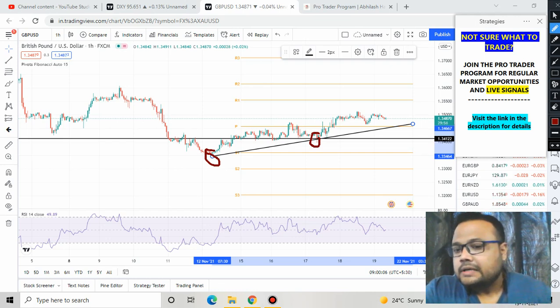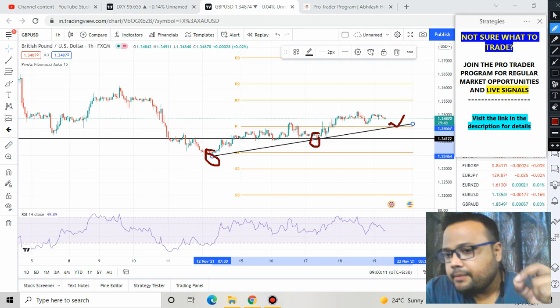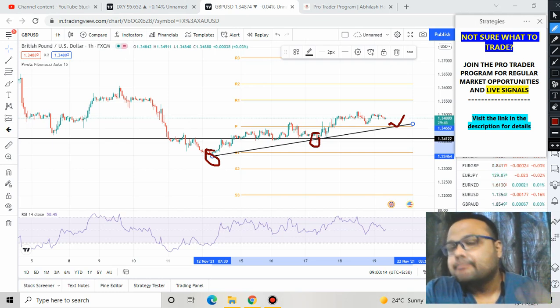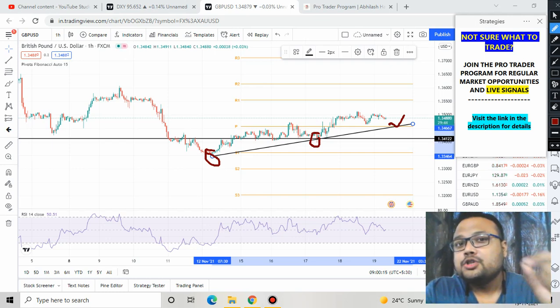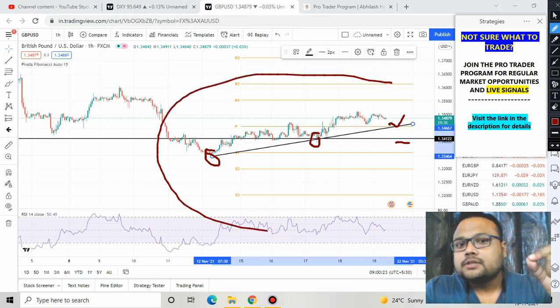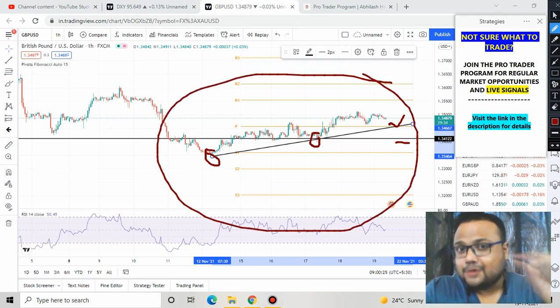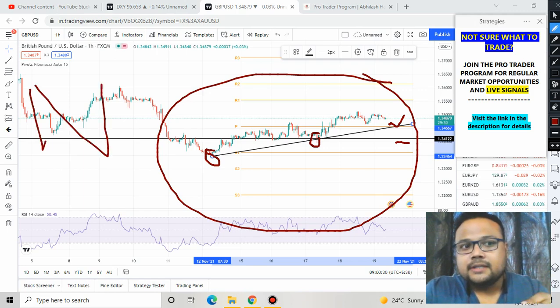So if GBP USD comes down to the trend line and bounces, yes, listen to me carefully, you can take a buy position, but please follow strict risk management and your stop loss should be below this level, because you try to understand the market psychology here. Do you see good buying power? No, it's a big no.